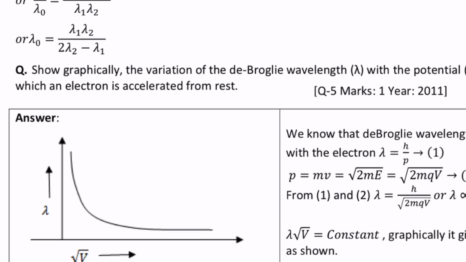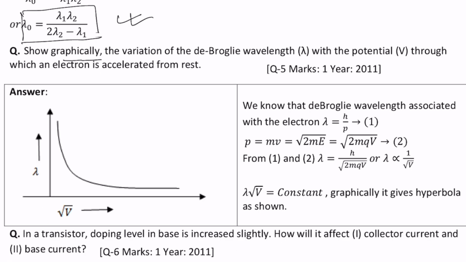Next question. Show graphically the variation of the de Broglie wavelength lambda with the potential V through which the electron is accelerated from rest.